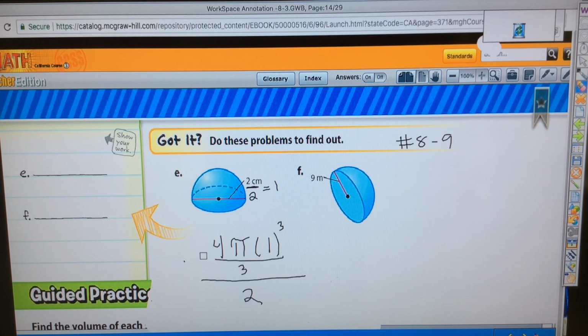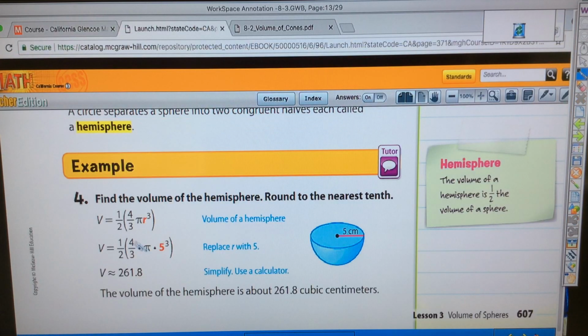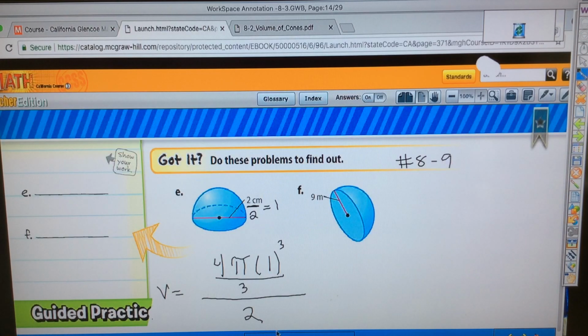Let's see how the textbook shows it. They're multiplying by 1/2. That's, to me, even a little more complicated. So here's your formula: 4 thirds pi r cubed, otherwise known as 4 pi r cubed divided by 3, times 1/2. If that works for you, go ahead. I prefer to just show it as division. Multiplying by 1/2 is the same as dividing by 2.